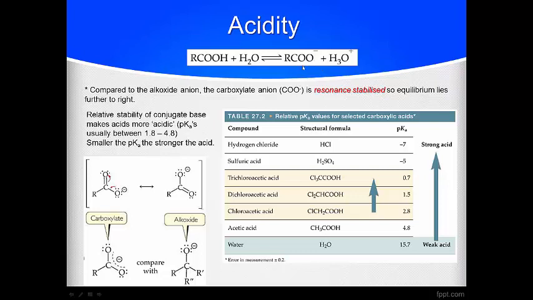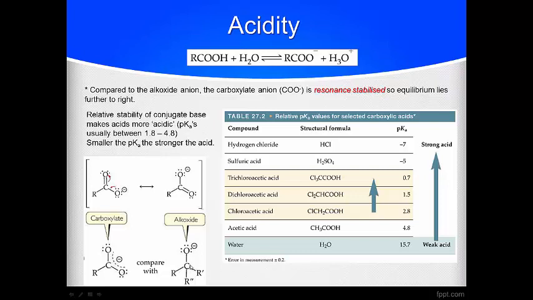So the resonance stabilization that we're talking about is we can have our carboxylate like this, okay, with our negative on one of the oxygens and a double bond on the other, or we can have it the other way around. So we've got resonance stabilization, and we generally draw it as a dashed line with the negative shared over those two to indicate that delocalization of those electrons and the real stability that you find in that carboxylate.